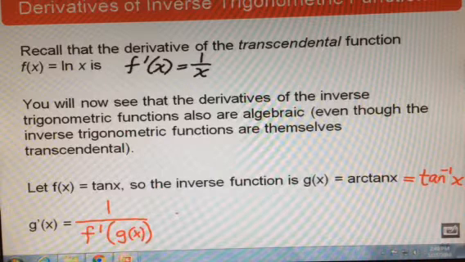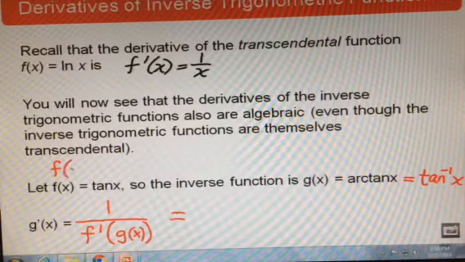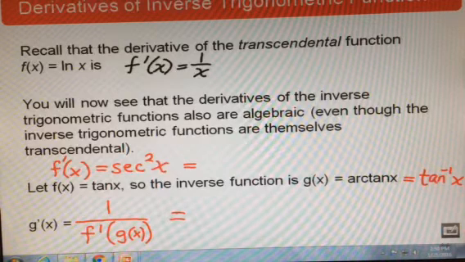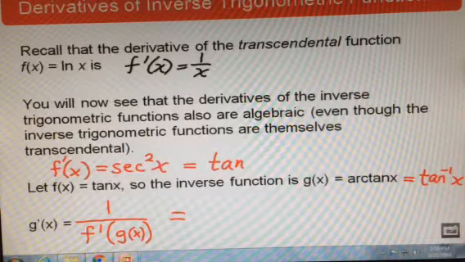So we know that from the original function tangent x, the derivative is secant squared x. And we also know that secant squared x, in terms of tangent, from the trigonometric identities, particularly the Pythagorean identity, is equivalent to tangent squared x plus 1.